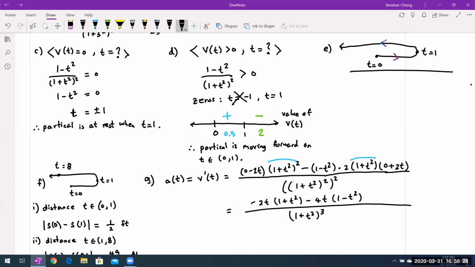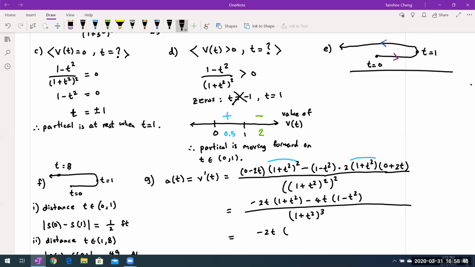Okay. So now I'm going to factor out negative 2t and then combine the rest, and this will give me negative 2t. On the first term, I'm only left with this. On the second term, that will become positive 2.